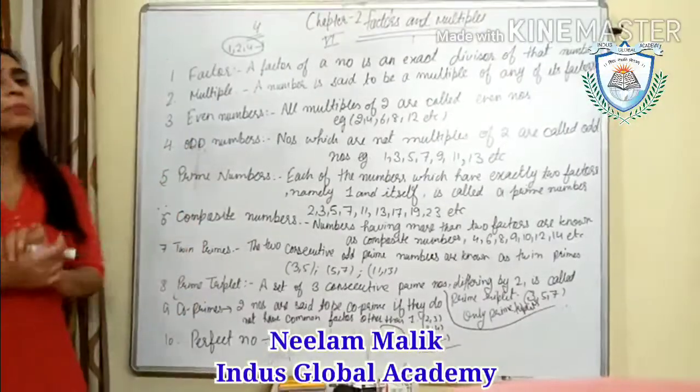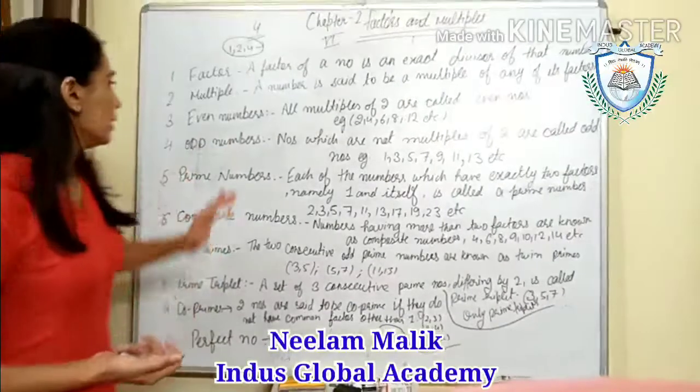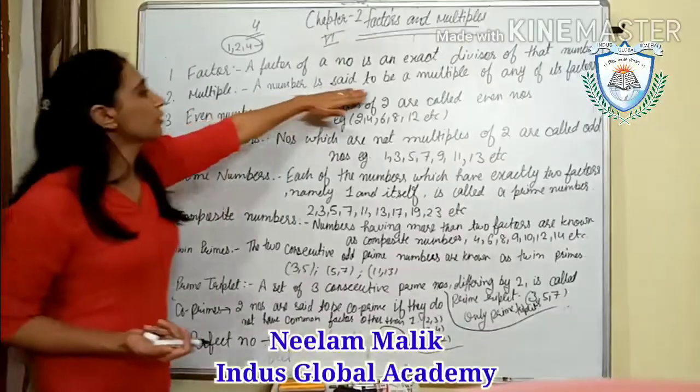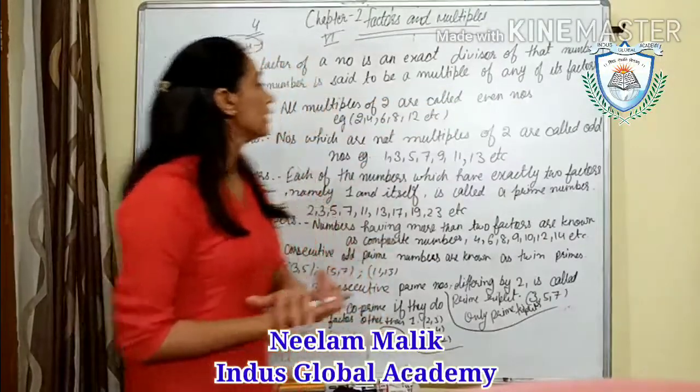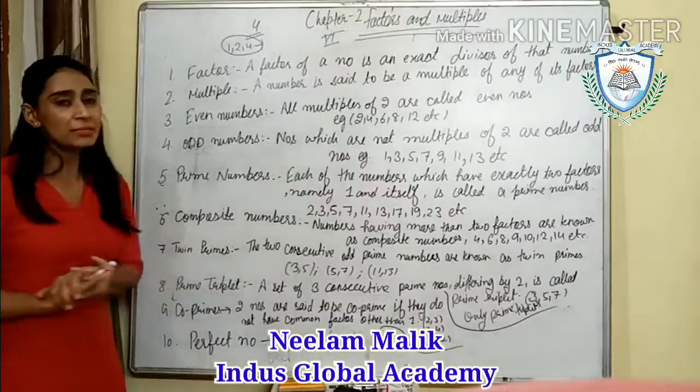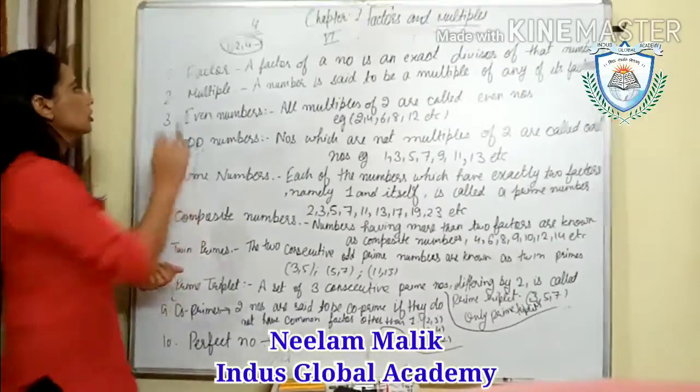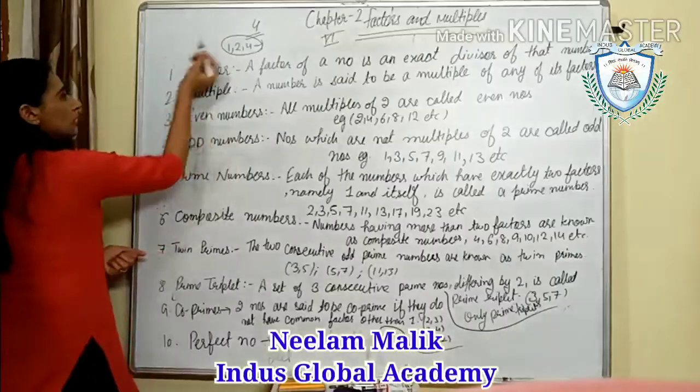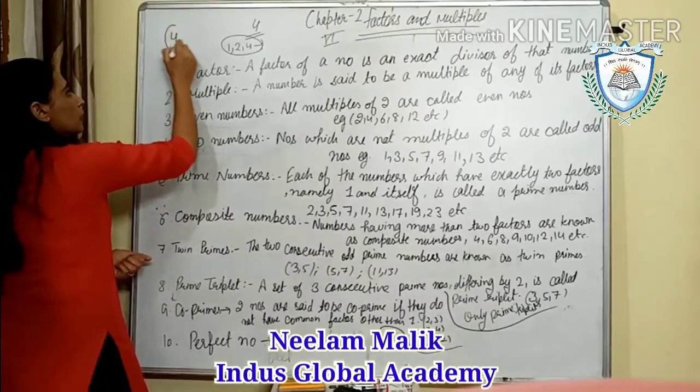Now the multiples. Here a number is said to be a multiple of any of its factors. Suppose I'm talking about 4.